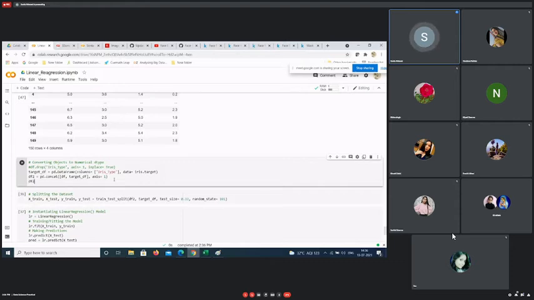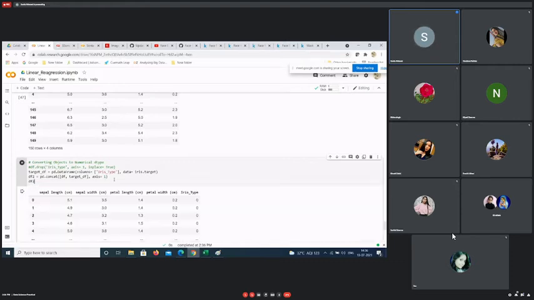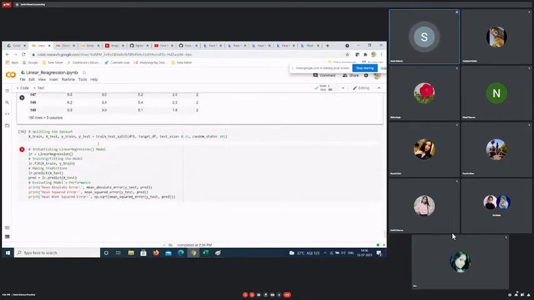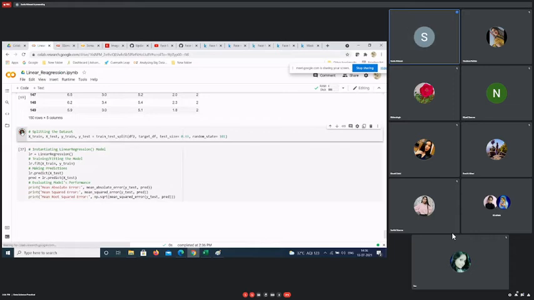I'll get DF2. So now I have again the values in terms of 0, 1 and 2 because now it is a continuous value problem. I'll split it. मैं random state अभी थोड़ी देर के लिए 1 दे देती हूँ. I'll split it again. I'll make it to be default value.